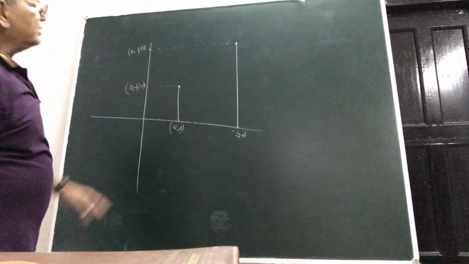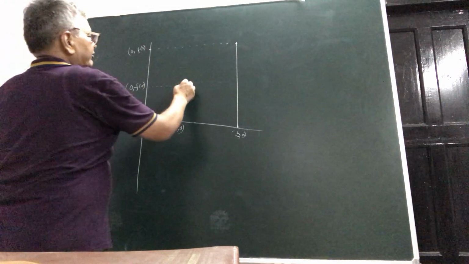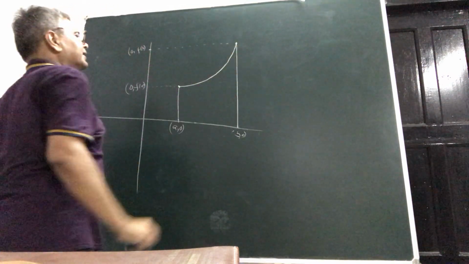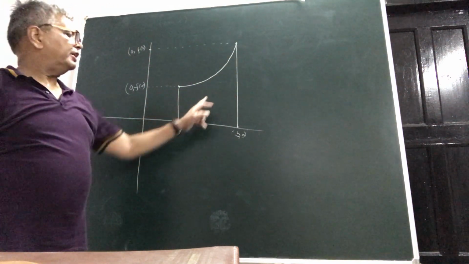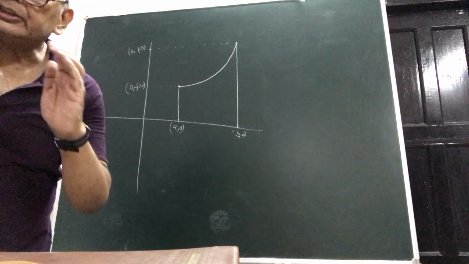Now you have to go from this point to this point, by any way you feel like. Suppose I am going like this, but mind it that it should be differentiable in the open interval (a, b). That is, your graph should have a smooth curve.